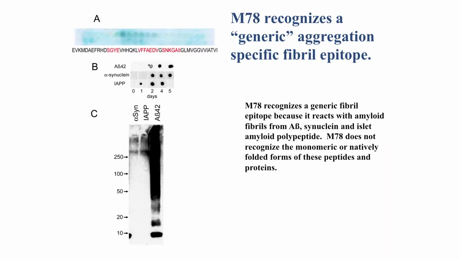So here's an antibody that we've made that specifically recognizes an aggregation-specific fibril epitope. You can see here that this antibody does not recognize A beta 42, alpha-synuclein, or islet amyloid in its monomeric state at time 0, but as fibrils evolve in the test tube, you can see that the antibody reacts with these protein samples as they aggregate.